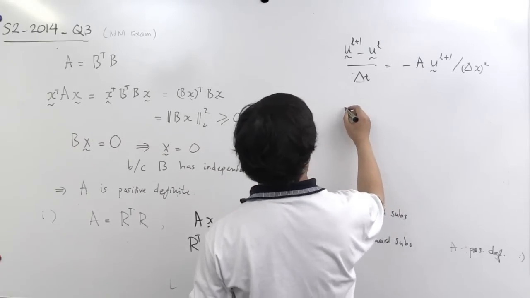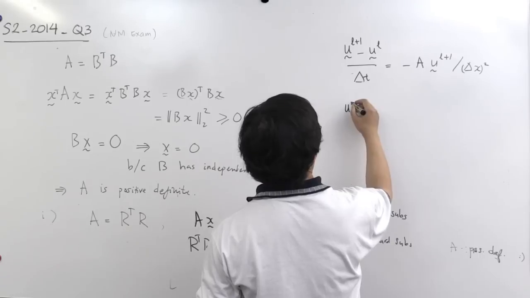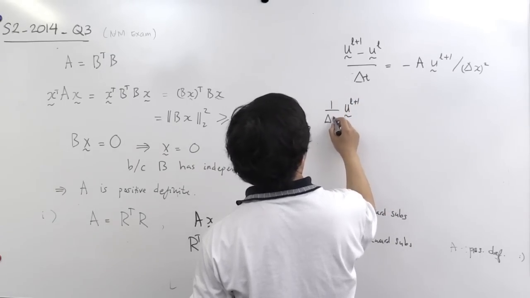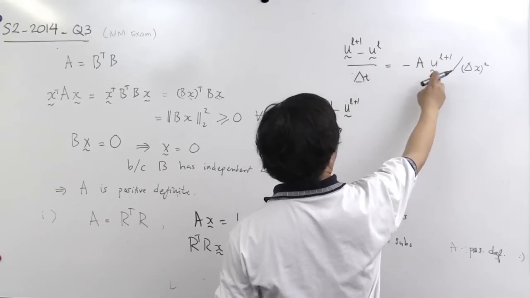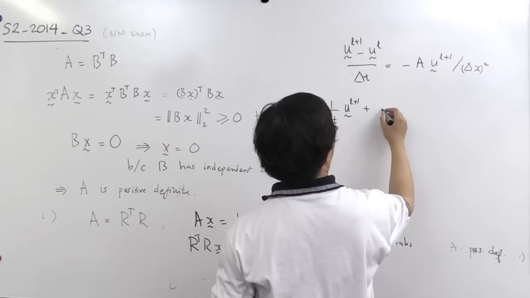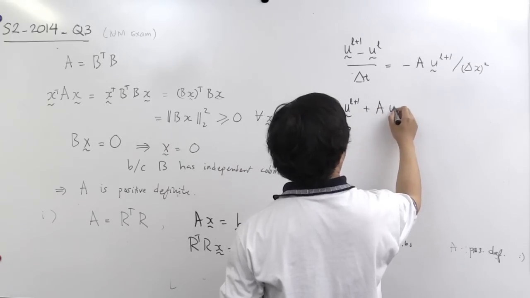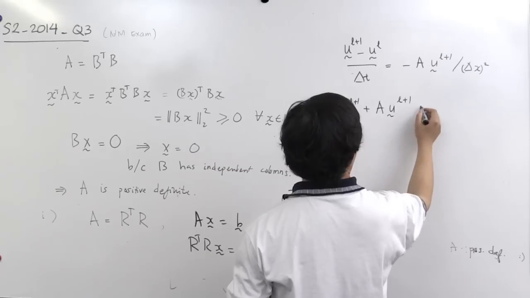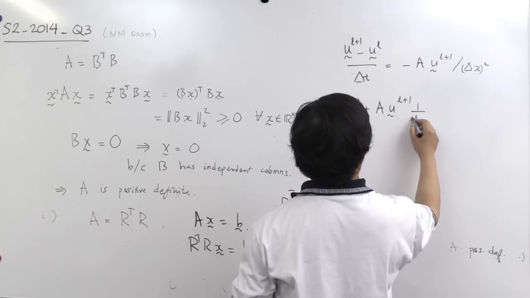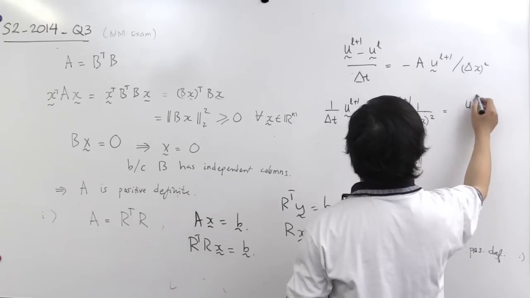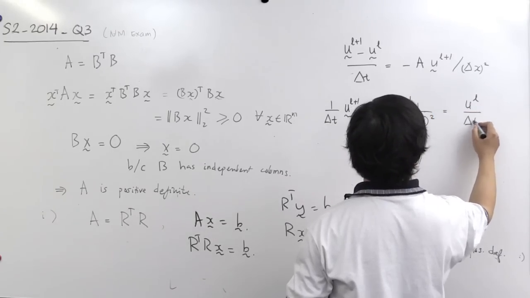So rearranging, you have U^(l+1) over delta t, then you take this one, move to the right, so you have U^(l+1) divided by delta x squared equal U^l over delta t.